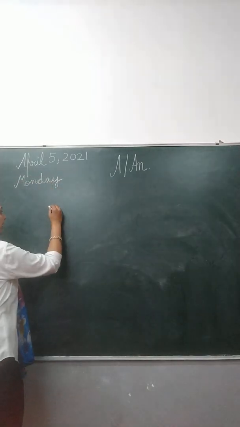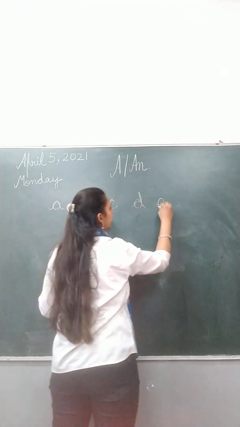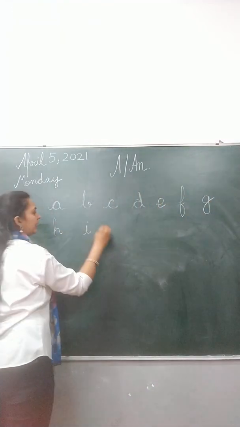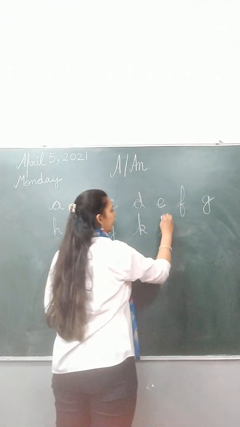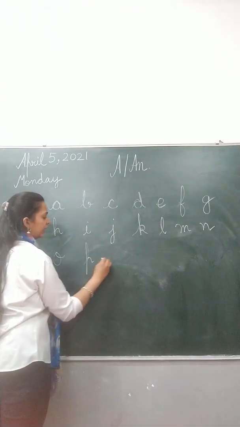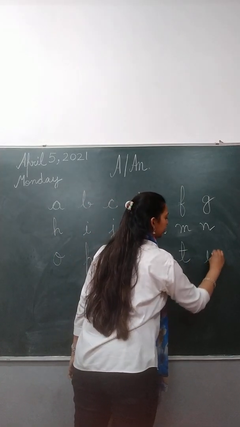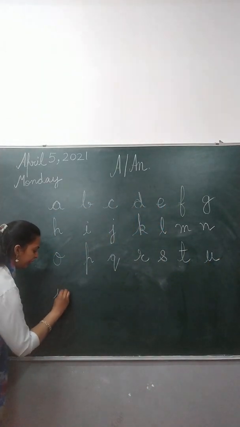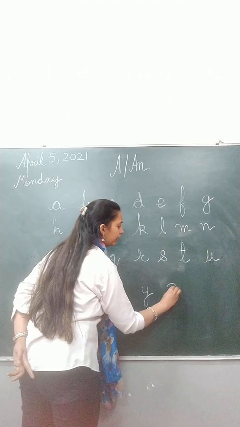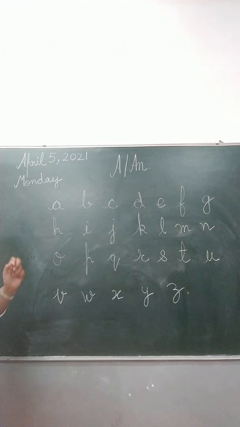That is, I am writing, we have A, B, C, D, E, F, G, H, I, J, K, L, M, N, O, P, Q, R, S, T, U, V, W, X, Y, Z. These are the total 26 alphabets in our English alphabet.